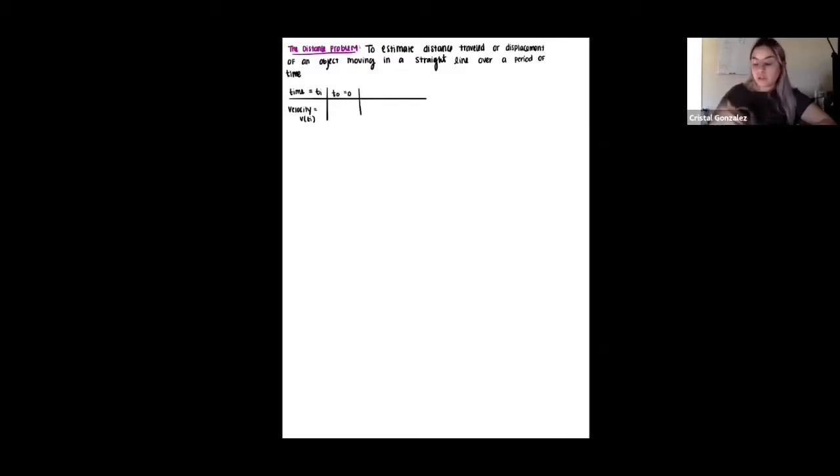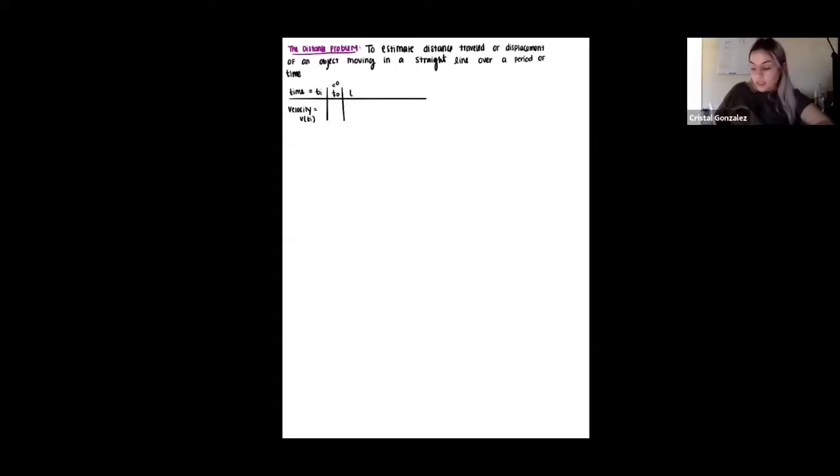It should equal 0 because at that first second you haven't really started yet. So at time equals 0, you do need that initial condition.